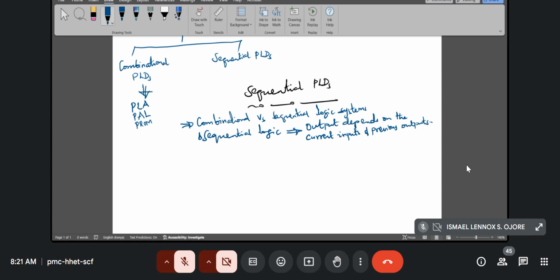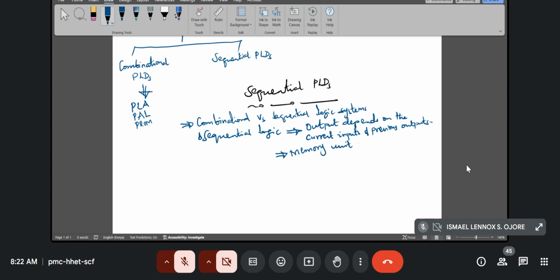So the implication is that there is some form of storing whatever the output was previously, so that in the current clock cycle that data can be accessed. So sequential logic inherently will have some form of memory unit.